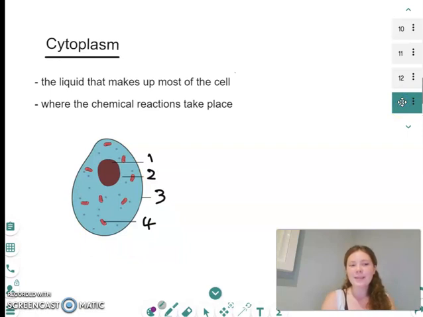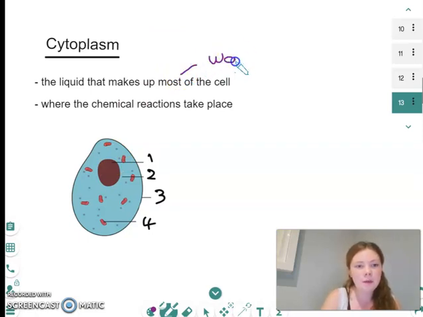So we've got the cytoplasm. This is the liquid that makes up most of the cell and is where the chemical reactions take place. Can you think of the type of liquid that might make up most of the cytoplasm? Well done, water. I'll just write that here for you so you can look back at these notes at another time.